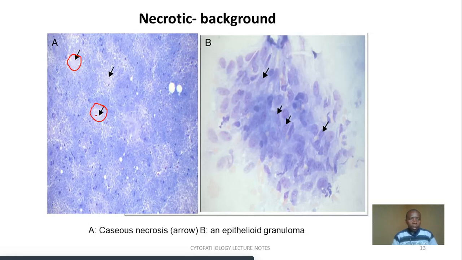When you compare, the chromasia here is not the same; here it is hypo and here it is hyper. But the most important thing, when we look in this tissue where there is necrosis, it is caseous in form. It looks like something was digested around this part of the tissue, around this part of the tissue, around this part of the tissue. So all this is a necrotic tissue appearing.